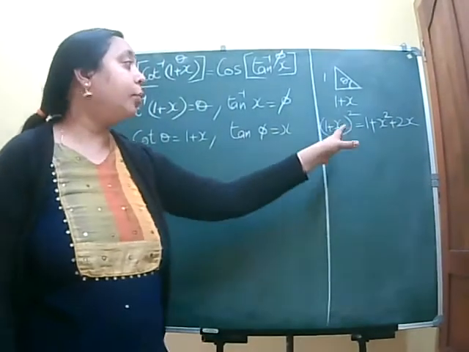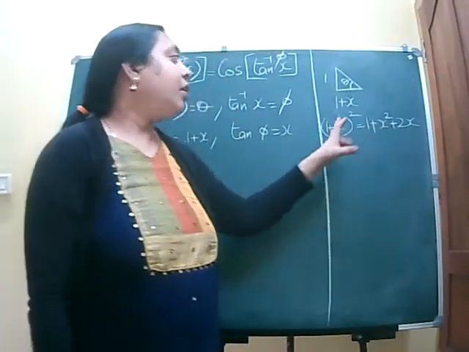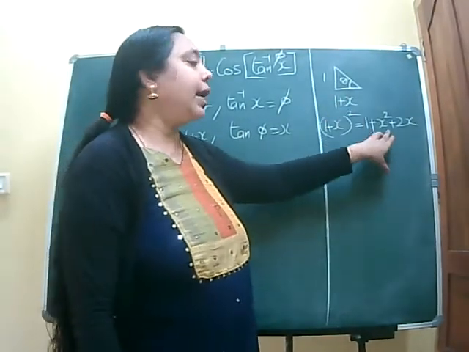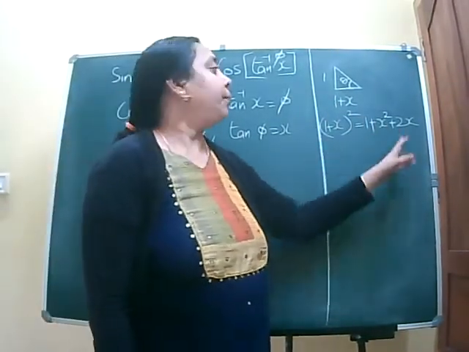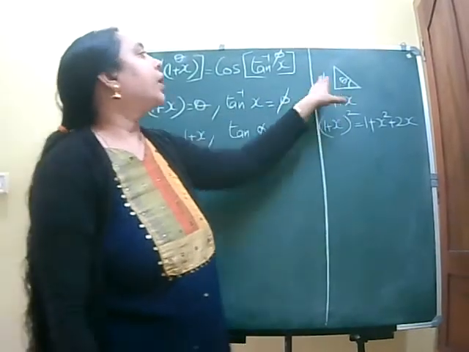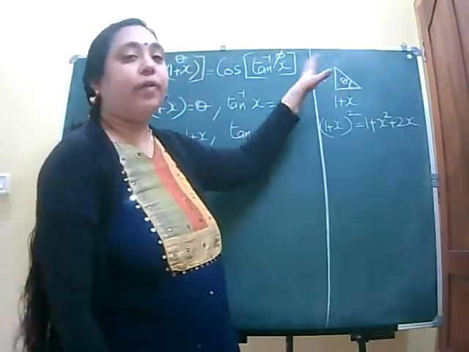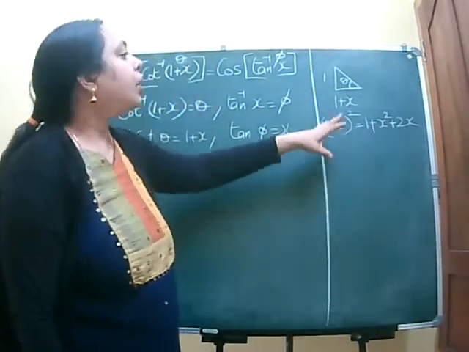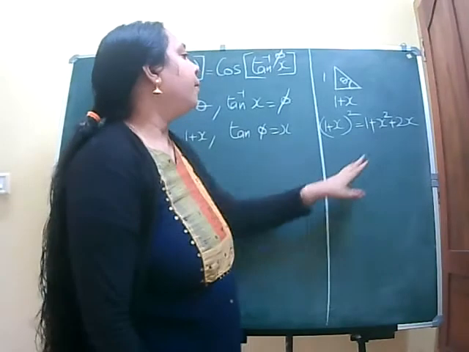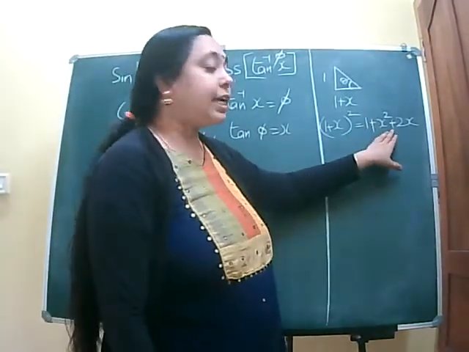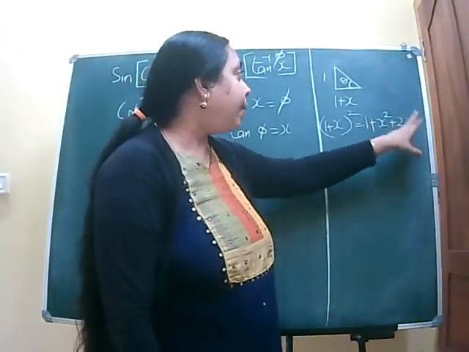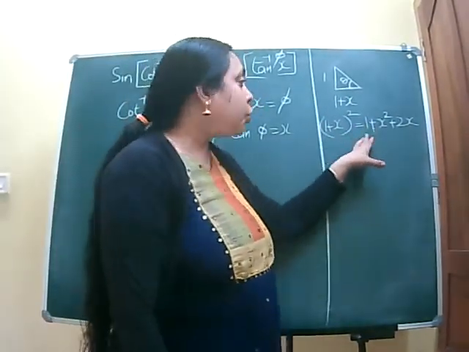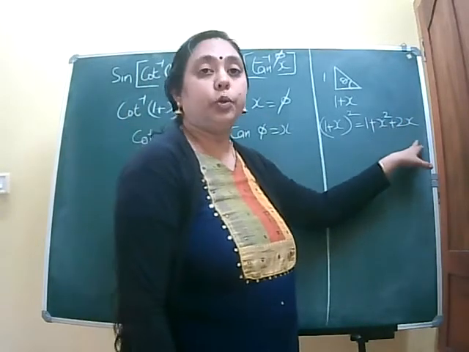Expand using the formula a plus b whole square, we get a square plus b square plus 2ab. That is, 1 plus x square plus 2x. Similarly, altitude square is 1 itself, then hypotenuse square is 1 plus x square plus 2x plus 1. That is, hypotenuse square is 2 plus x square plus 2x.